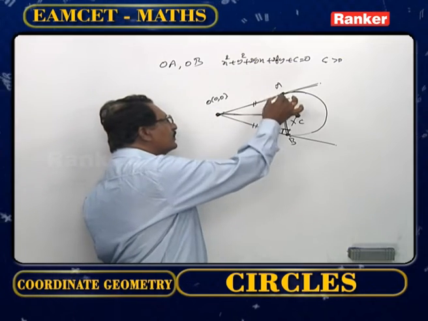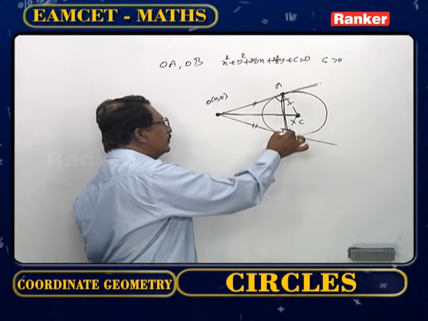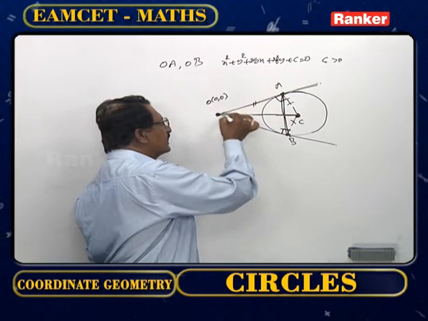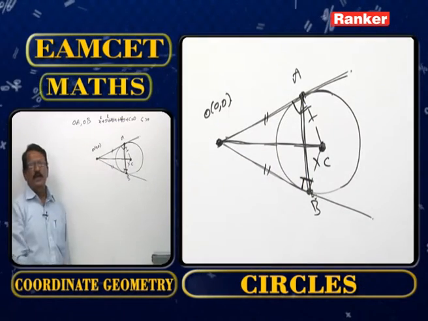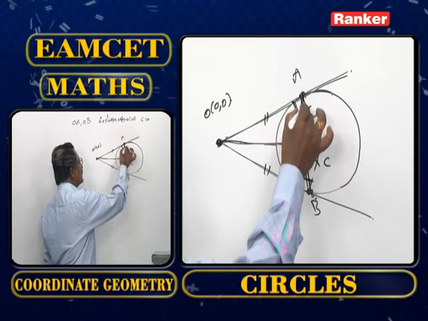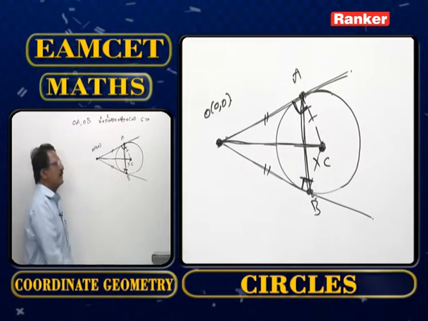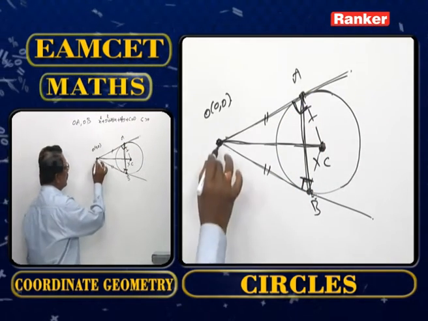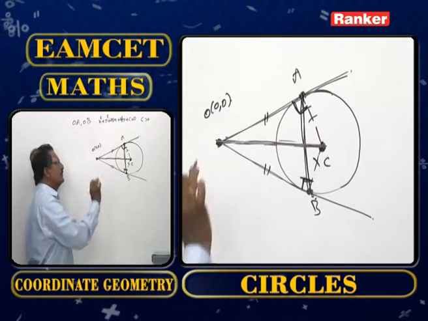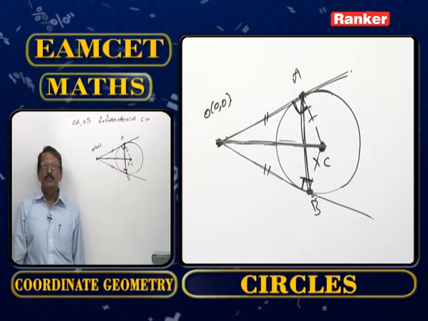Then triangle OAC and triangle OBC are congruent. Both are right angle triangles because angle A is 90 degrees and angle B is 90 degrees. Then OC is the common hypotenuse for both the triangles.